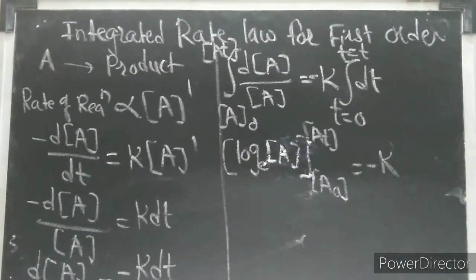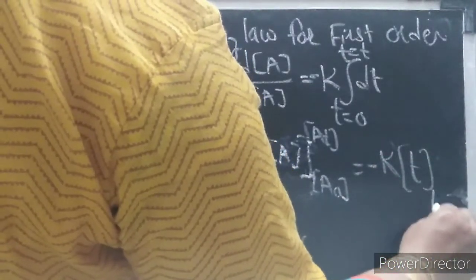It is only t, similar to integration of dx is x. Similarly, integration of dt is only t. What are the limits? t is equal to 0 to t is equal to t.